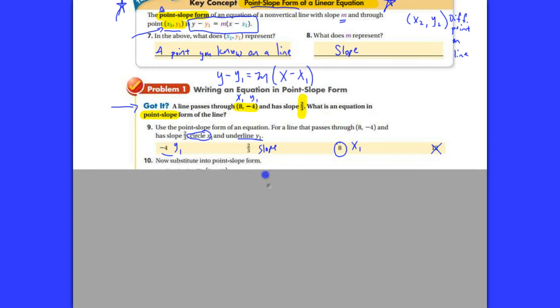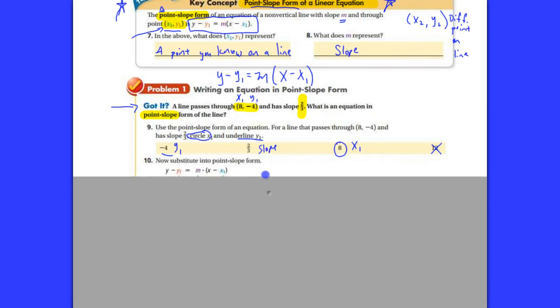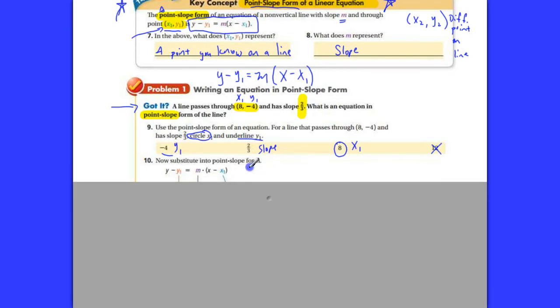Now it's saying to substitute that into point-slope form. Before I go on, let me point out again that x sub 1, y sub 1 is a specific point. You should ask yourself, what are the x and the y then?